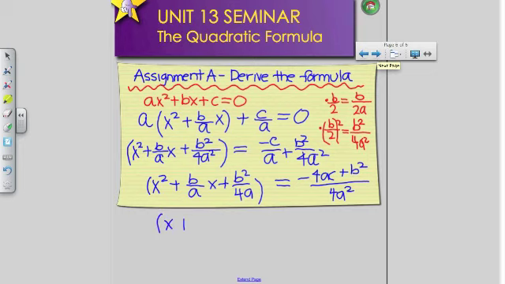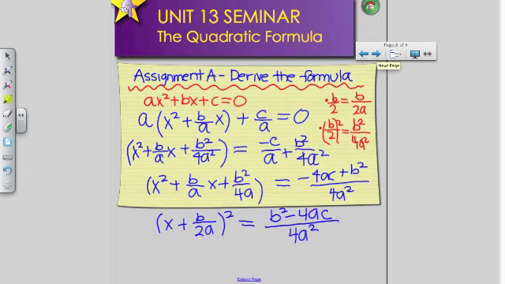So x plus b over 2a squared is equal to, if I just rearrange the right part of this equation, b squared minus 4ac over 4a squared. It's kind of cool. I already got my discriminant.